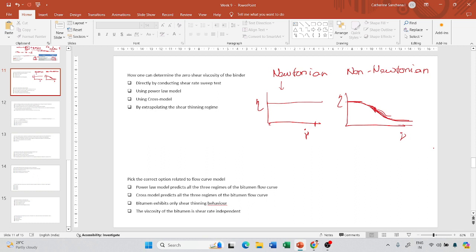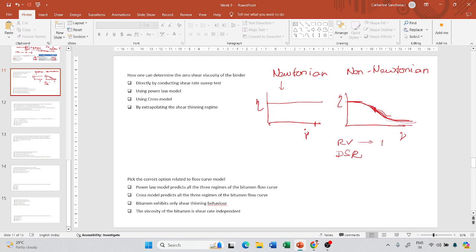Now, any equipment which I use, I can use a rotational viscometer or a dynamic shear rheometer. Let us say I'm taking a rotational viscometer. It may not be able to capture all the three regimes. Why?